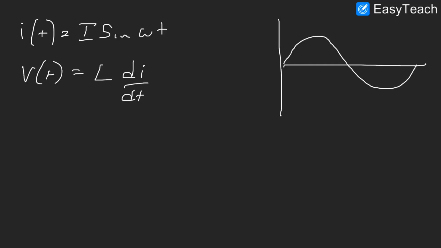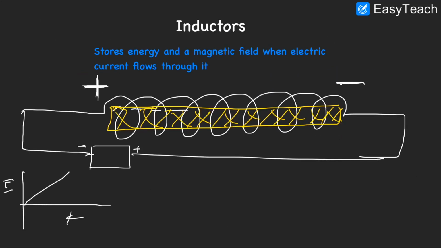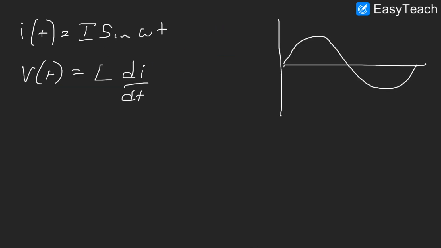What it means is, if you go to your inductor diagram, there's going to be an induced voltage. This voltage is known as the induced voltage, and it is directly proportional to the change in current.